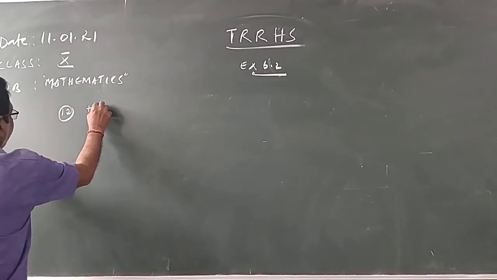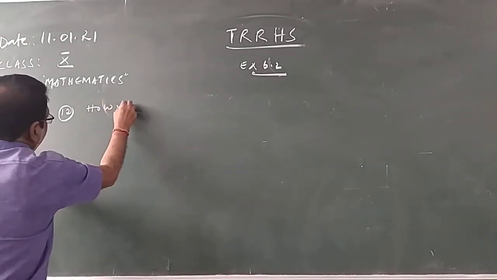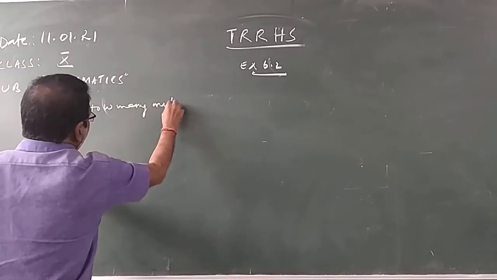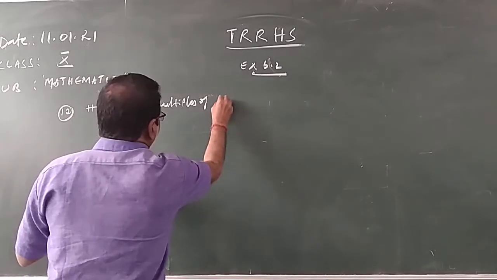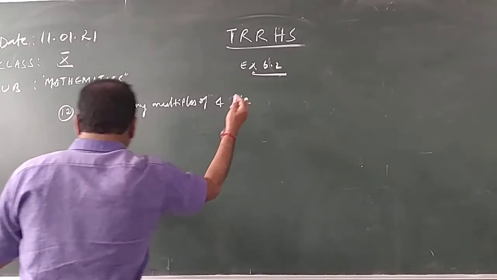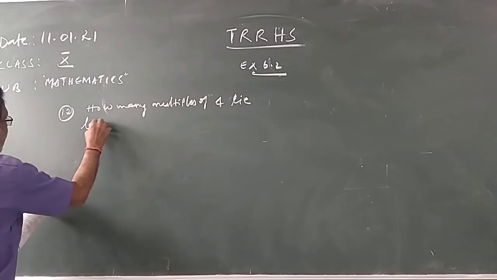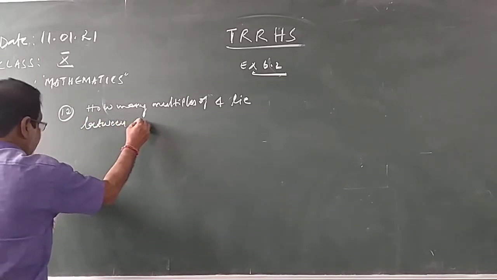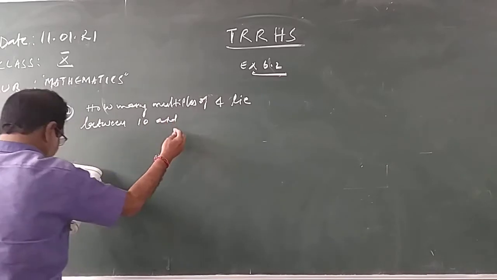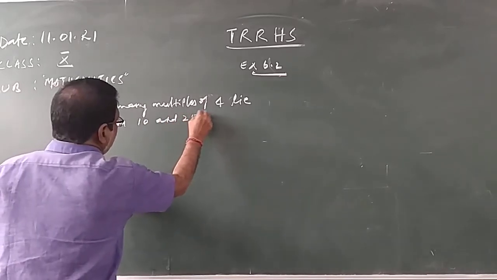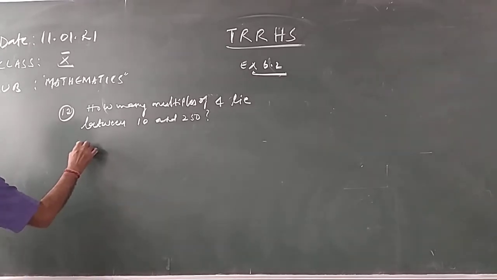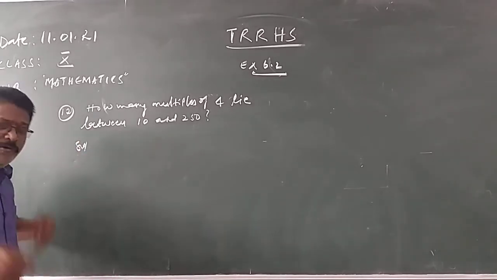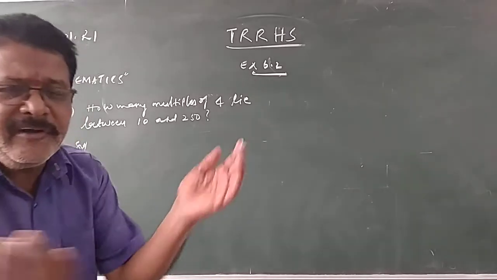How many 4 multiples are there? So, what are the multiples of 4 between 10 and 250? We have to write the multiples of 4 between 10 and 250.